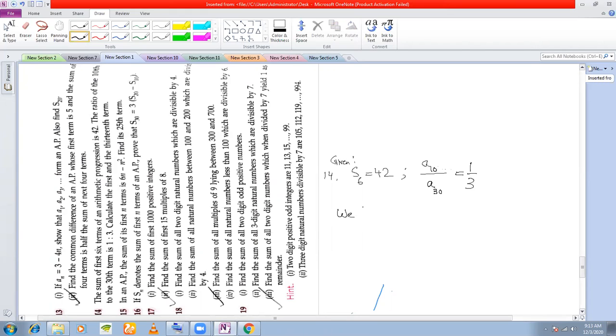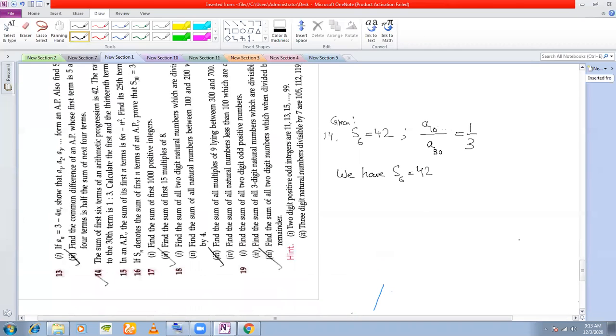So we have S6 is equal to 42. And what is S6 here? What is the formula for S6? The second formula in terms of A1 and D, you have n by 2 twice A1 plus n minus 1 into D is equal to 42.